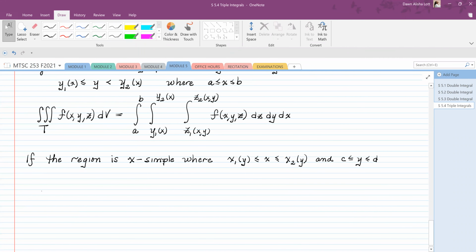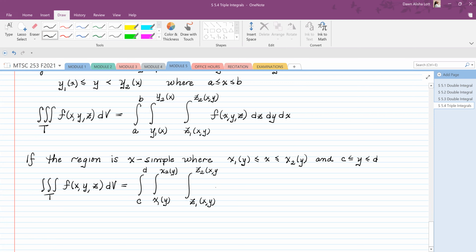Then your triple integral over T of f of x, y, z dV will be the integral from c to d, the integral from x1 of y to x2 of y, the integral from z1 of x, y to z2 of x, y of f of x, y, z dz.